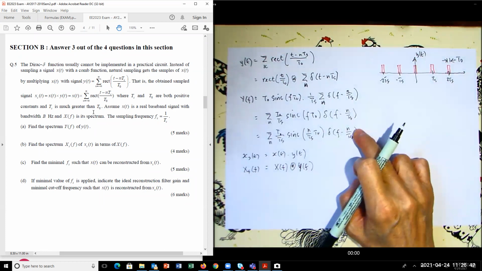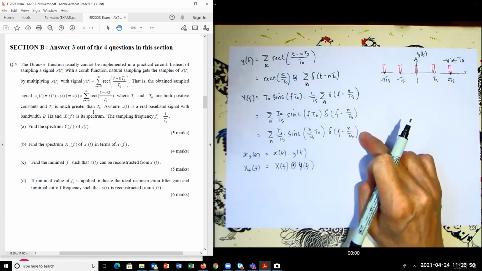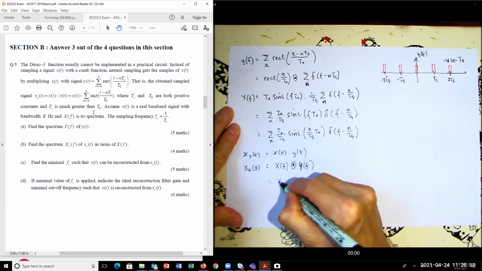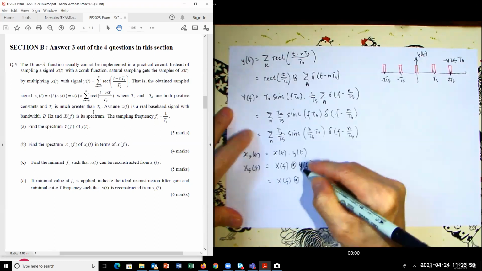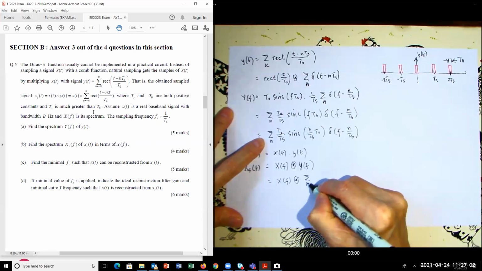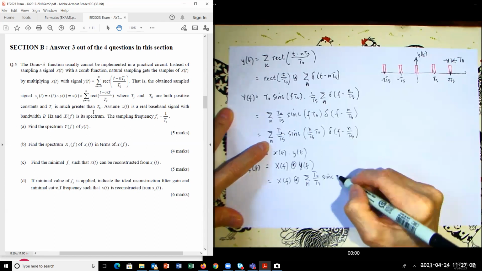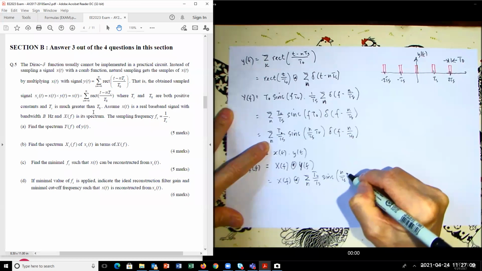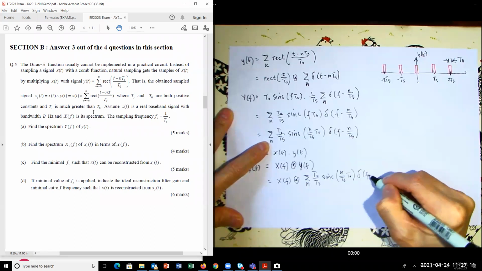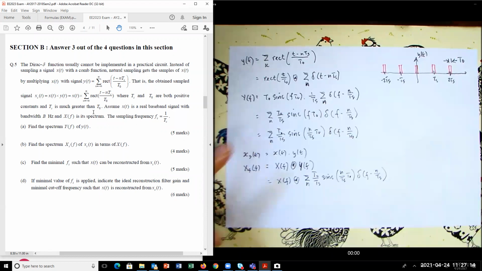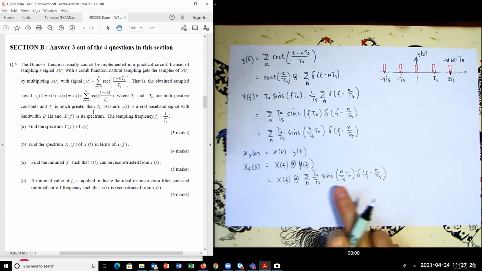So it's X(f) convolved with the summation over n of t0 over Ts sinc of n over Ts times t0, delta(f minus n over Ts). When you bring the X(f) inside and convolve, you use the replication property.